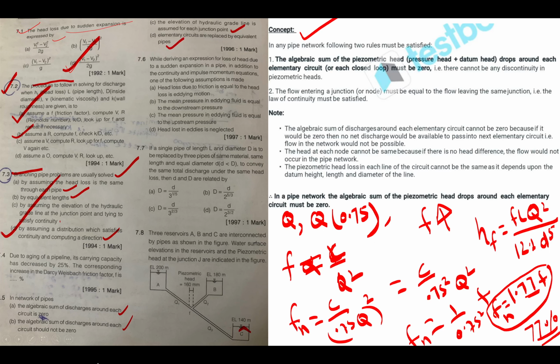So in a pipe network, what are the concepts you should first read? In the pipe network, the following two rules must be satisfied. First rule: the algebraic sum of piezometric head, not discharge here, that is the pressure head and the datum head, p by rho g plus Z, this is the piezometric head, drop around each elementary circuit must be zero.